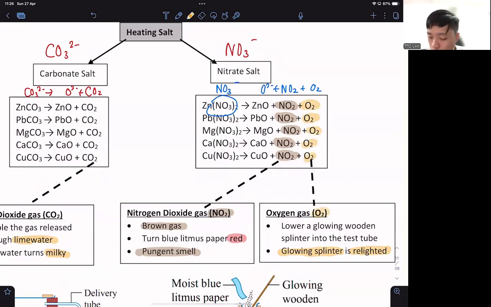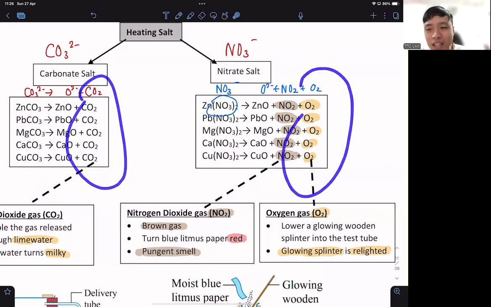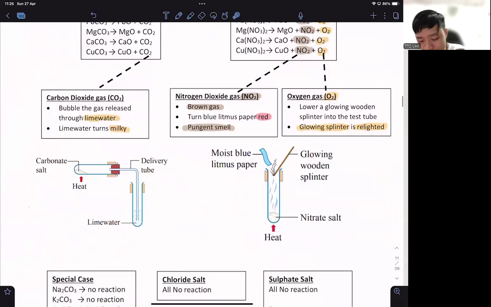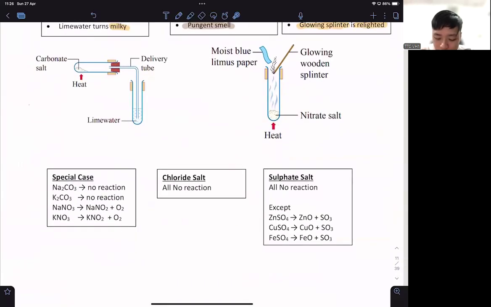The oxide is the same: when you heat carbonate, you produce oxide and CO2. When you heat nitrate, you also produce oxide, plus NO2 and O2. NO2 is a brown gas. Of course CO2 and O2 are colorless gases.